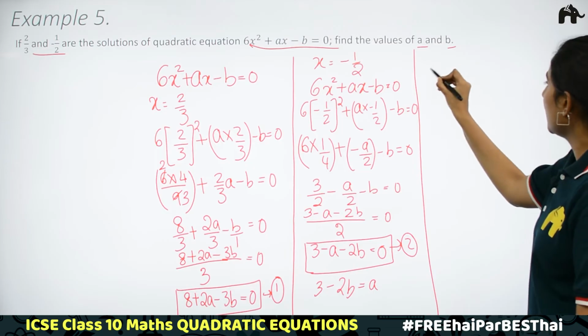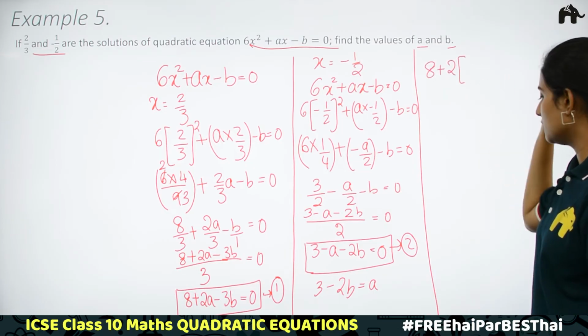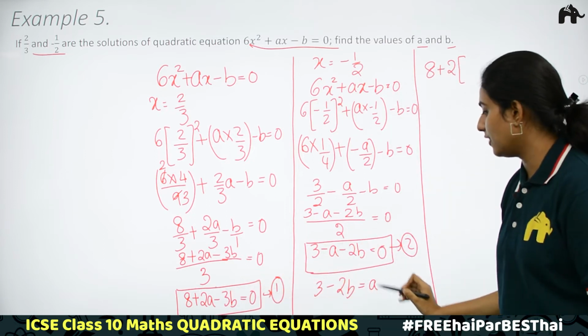That is 8 plus 2 into, in the place of a, substitute the value of a we have obtained.